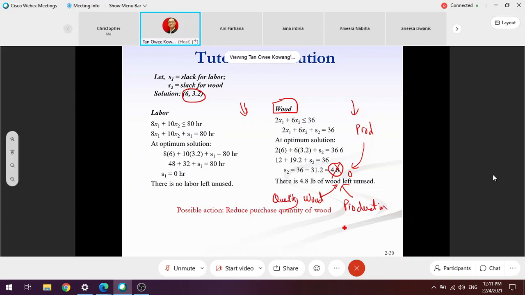Production is not effective enough. The loss can be contributed by something I learned last semester. What is quite common is we have quality issues. The wood can be rejected. Or it could be that production is ineffective. Okay, so this is a possible thing that I might ask you.